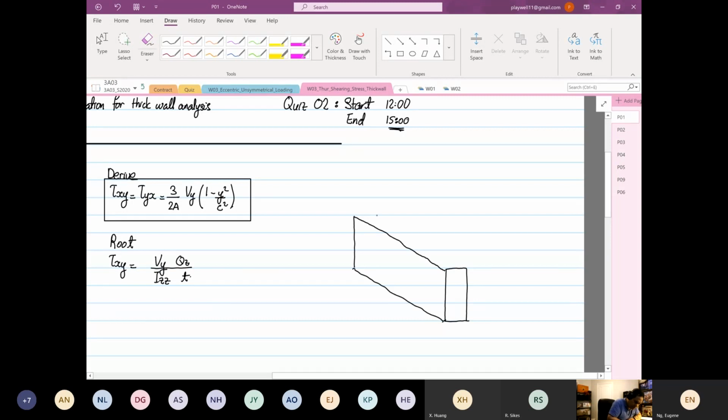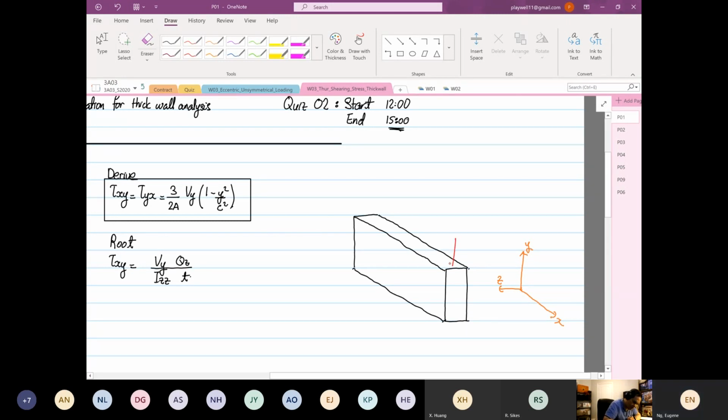In the beam, this is our transformation: this is our y, this direction would be our z, and coming down will be our x. The shear force is applied coming down vertically. This is your Vy.